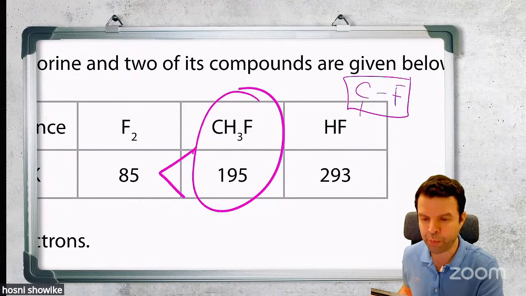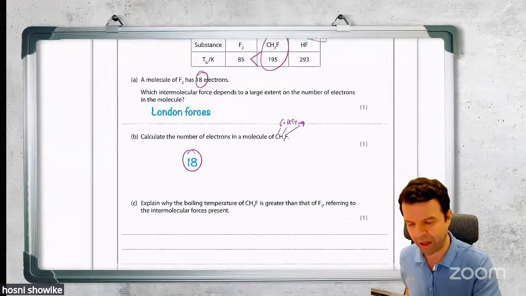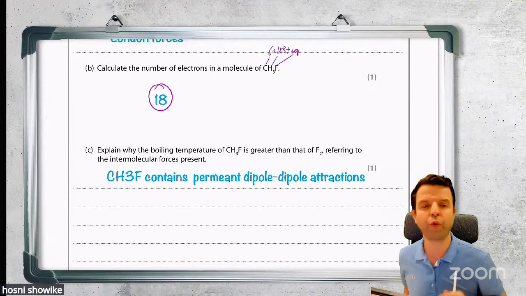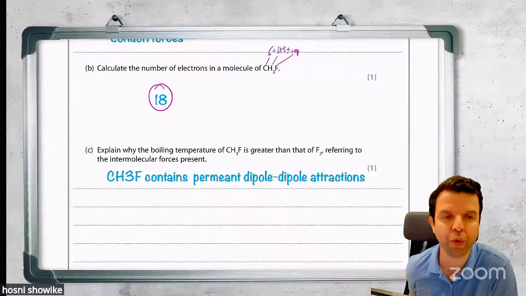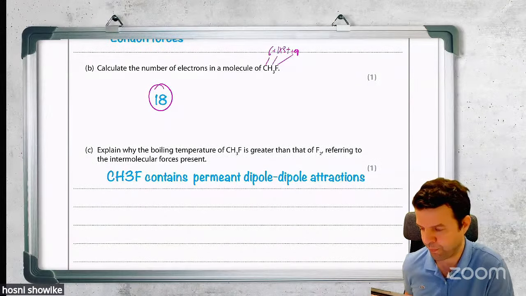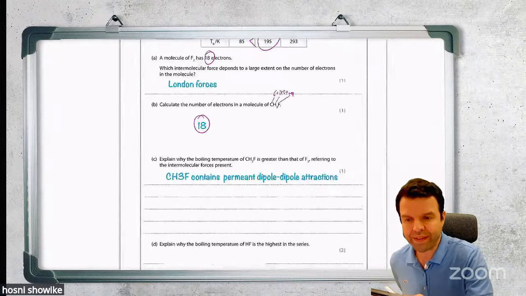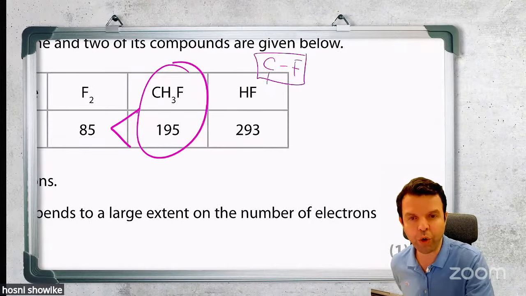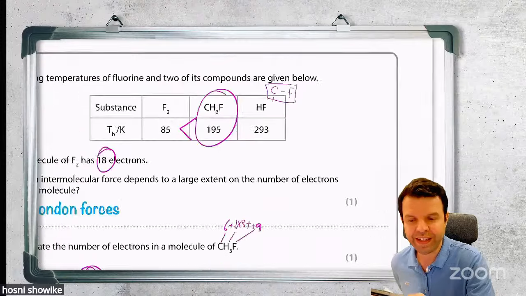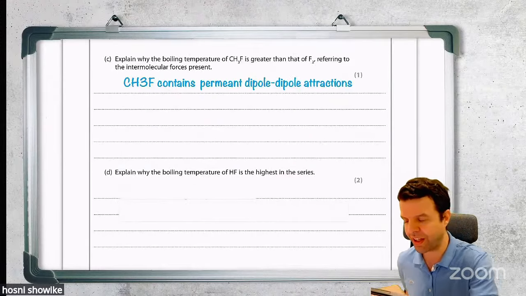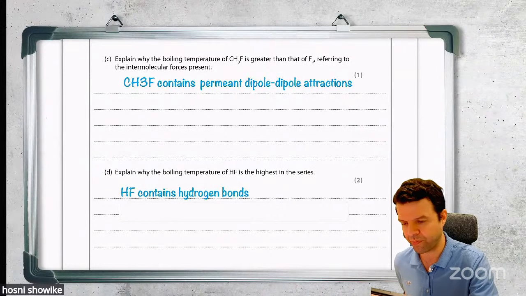That is permanent dipole, right? I tell them it has a strong intermolecular force, which is a permanent dipole-dipole interaction. Why is it that the HF has the highest among all of them? That's because it has the strongest of intermolecular forces, which is hydrogen bonds. Okay?